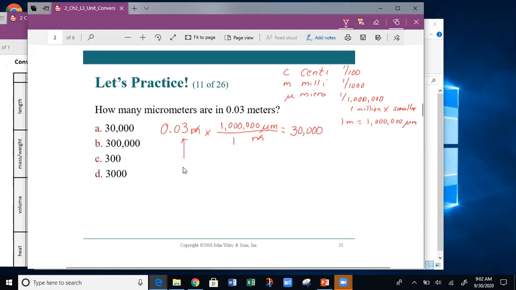Notice that here I have 1 sig fig, and in my answer I also have 1 sig fig, because these are leading zeros, which are not significant, and these are trailing zeros, which are not significant.